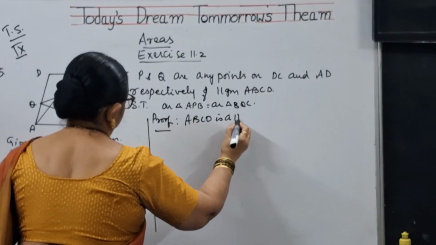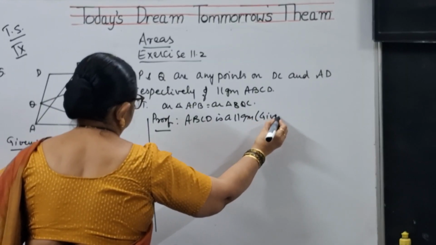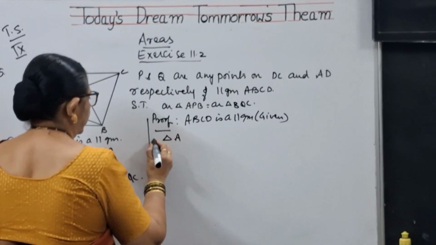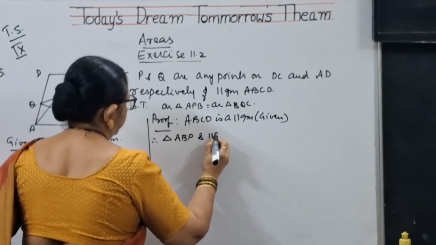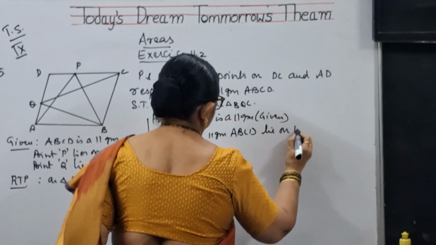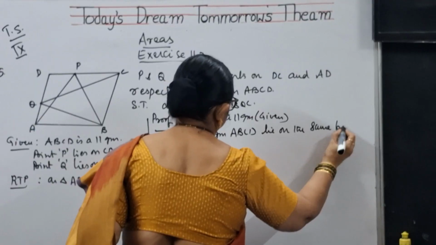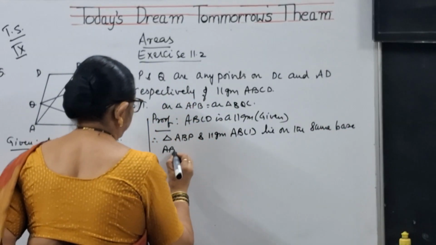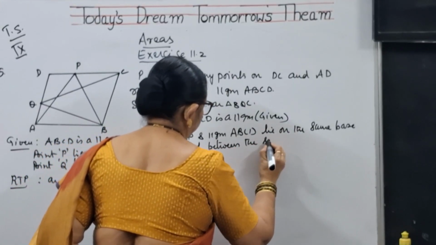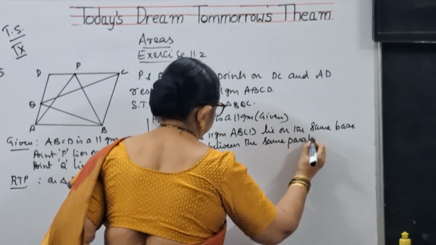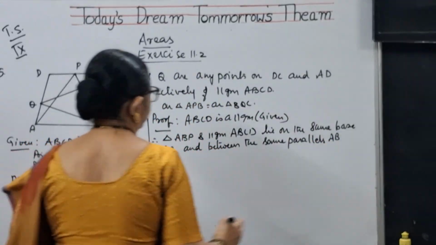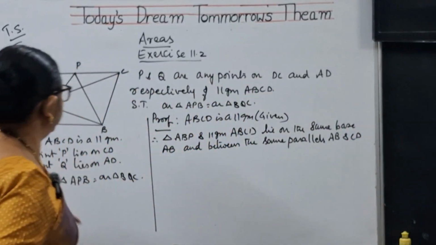ABCD is a parallelogram. This is given to us. Therefore, triangle ABP and parallelogram ABCD lie on the same base AB and between the same parallels AB and CD.